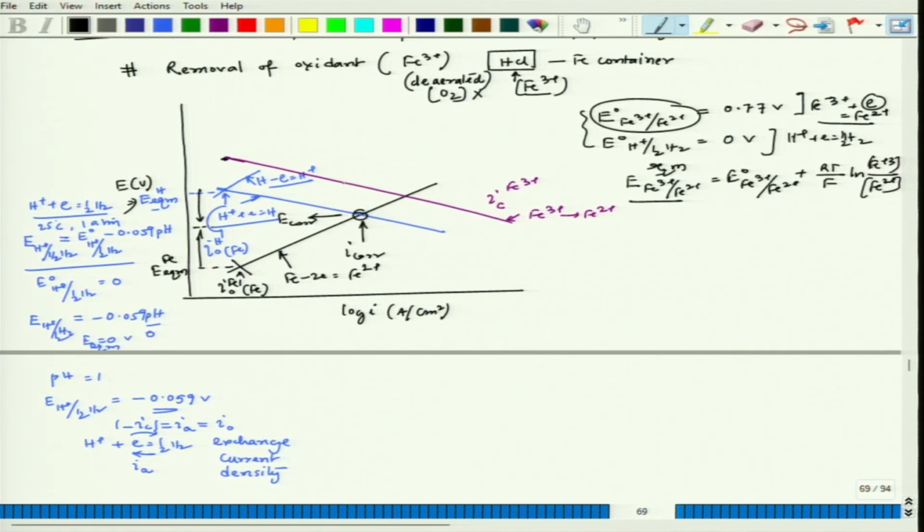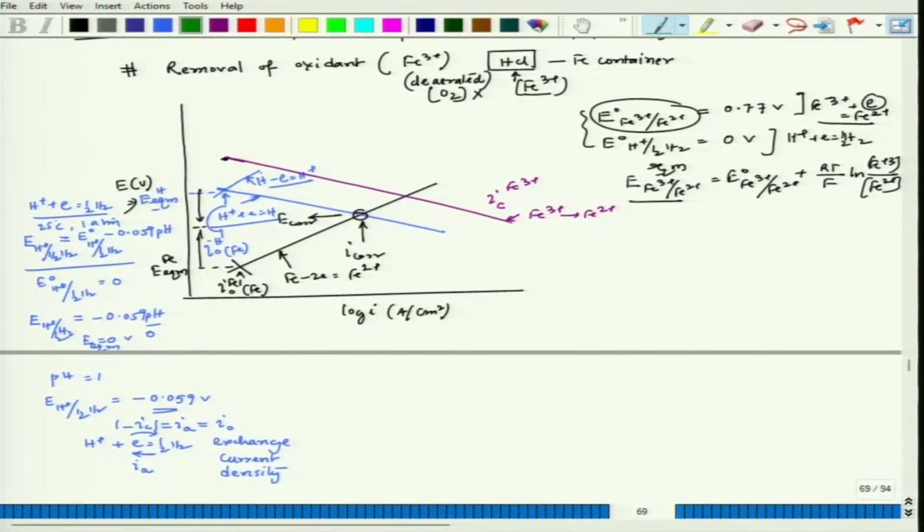If it experiences another cathodic process, then in order to fulfill the mixed potential theory, which says that the total rate of reduction process should be equal to the total rate of anodic process, and here we have two reduction processes and one anodic or oxidation process. So that means this line corresponds to the equilibrium potential for the hydrogen evolution reaction.